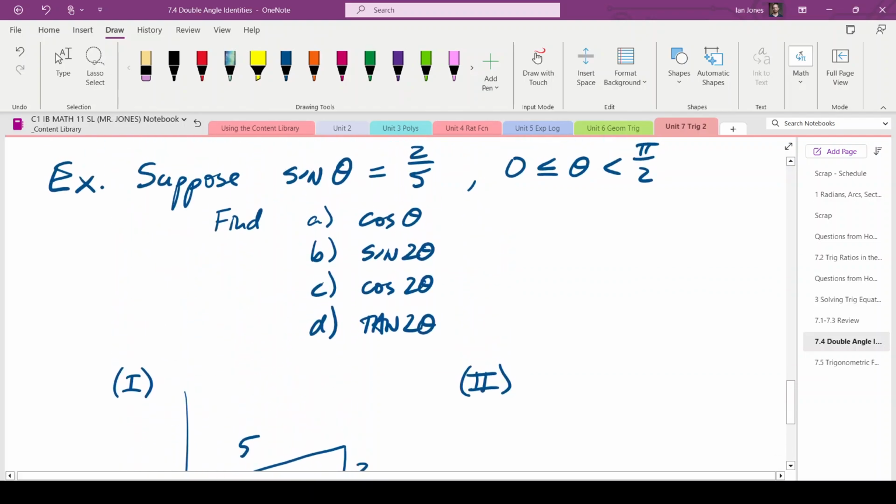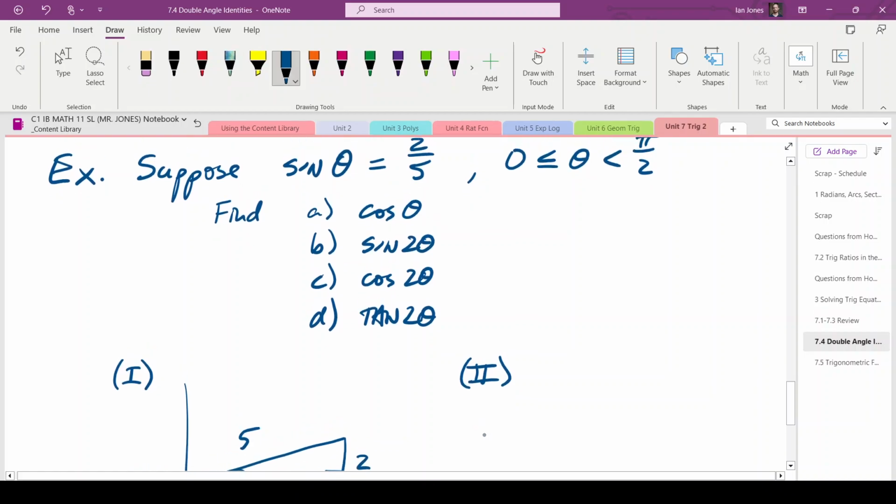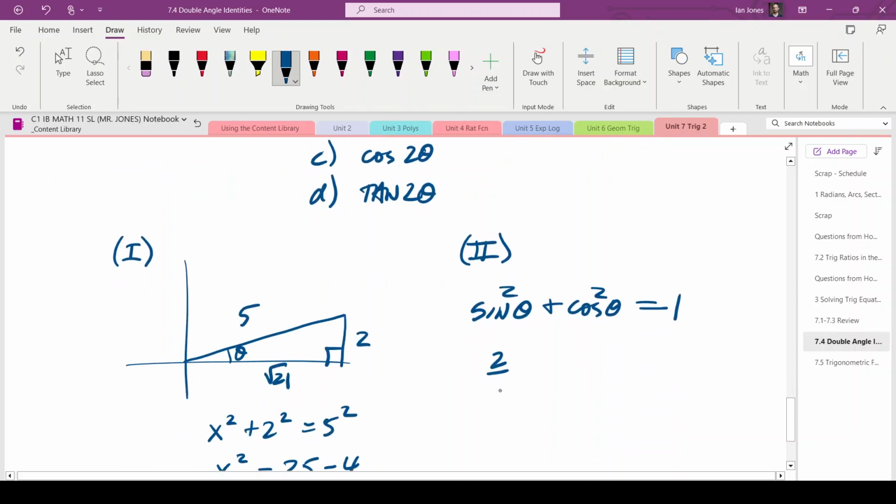Okay. Now I'm going to do it another way, just so we can see it. We've got the Pythagorean identity, and so I'm going to just use it directly. I'm going to say sine theta squared plus cos theta squared equals 1. And sine theta squared in this case is 2/5 squared. So I have 2/5 squared plus cos theta squared equals 1.